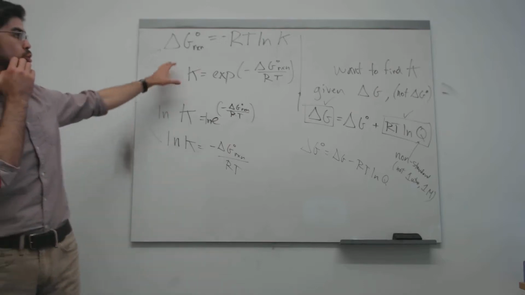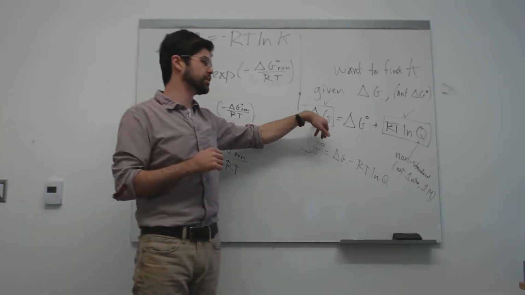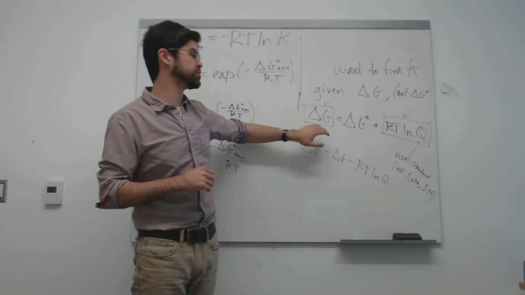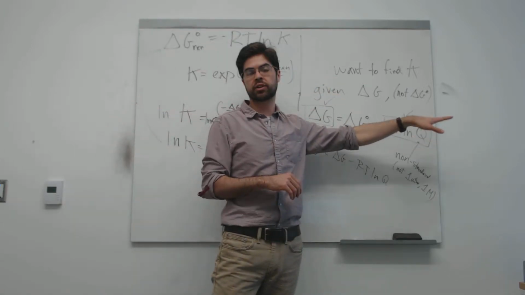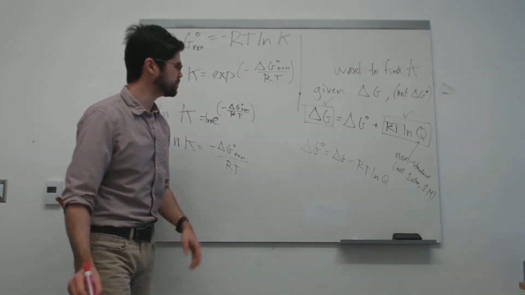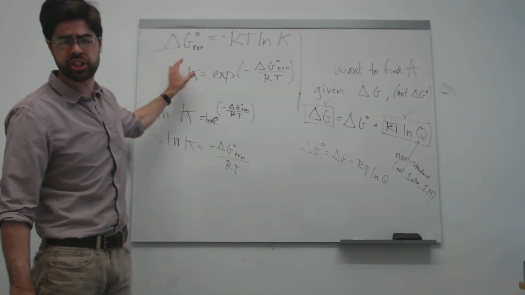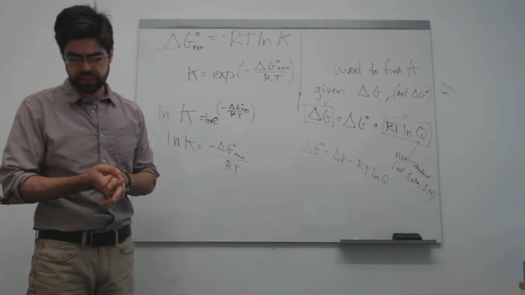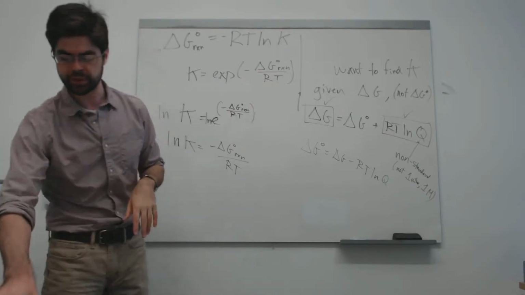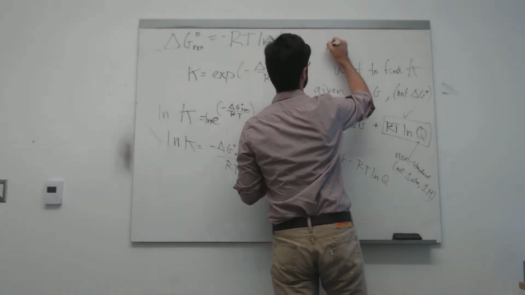These are derived from the assumption that you're at equilibrium, from the assumption that the free energy change was 0, and then you can assert that Q was equal to K. But this is just a general relationship, in the same sense that you have the law of mass action.